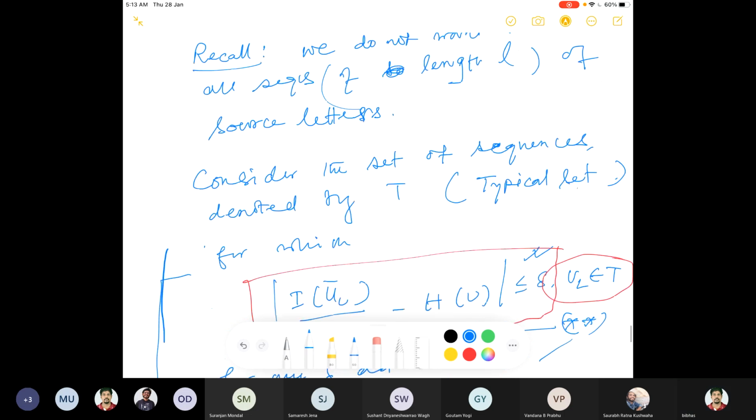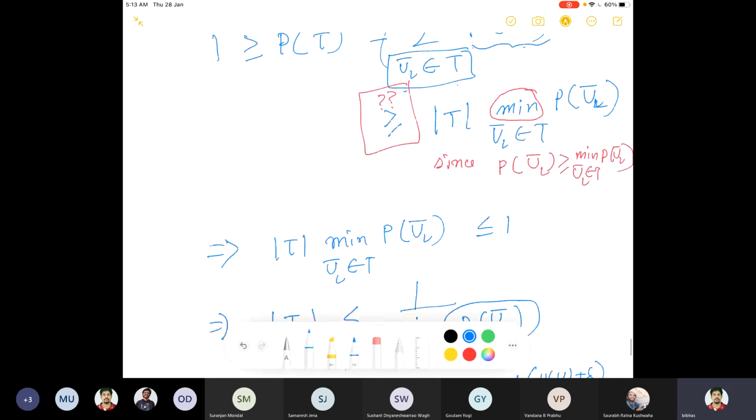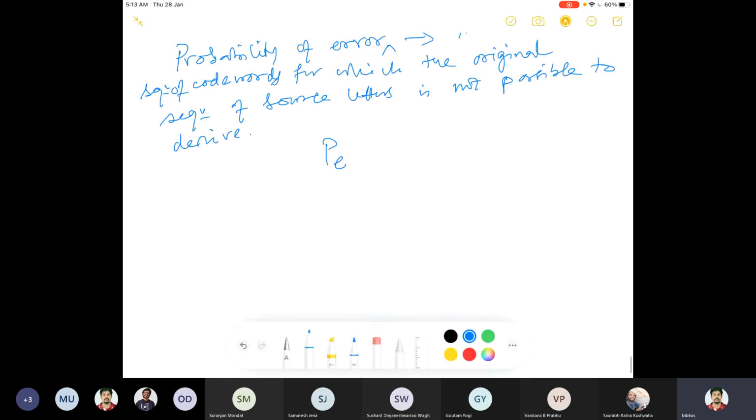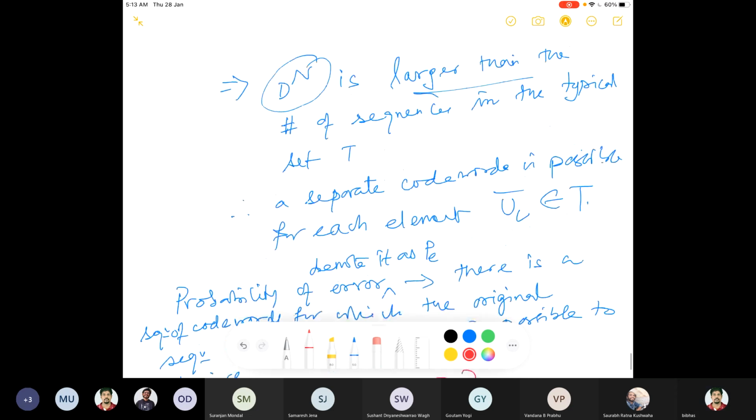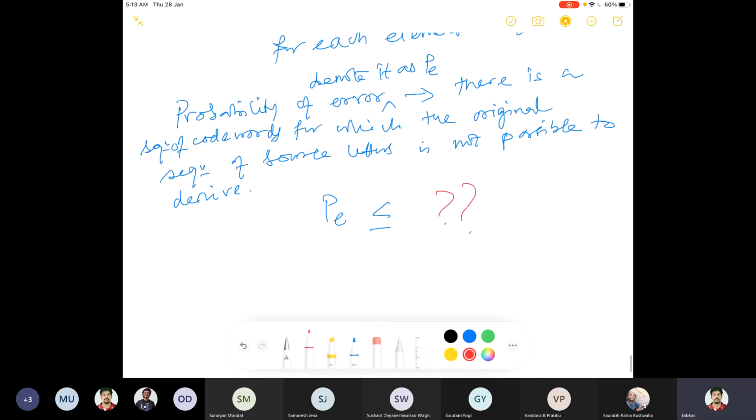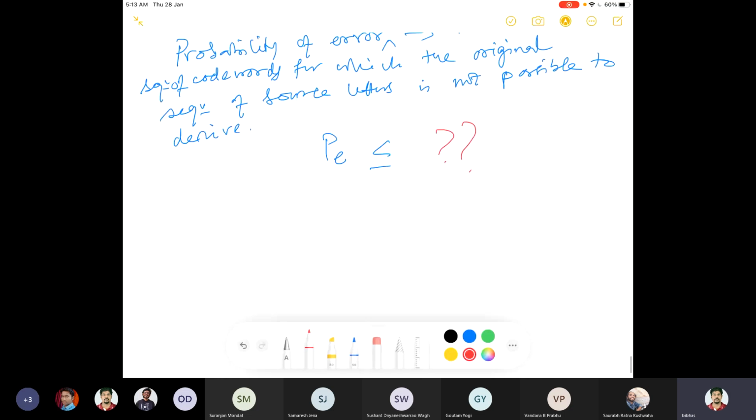For the time being, let us say we don't know this. Let us assume that; we have to find it, and we'll come back to this again. Now assume otherwise.